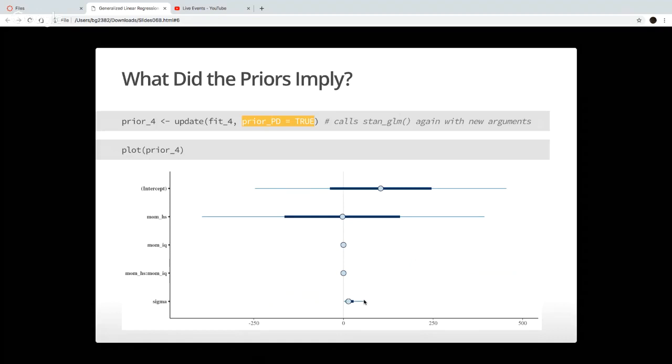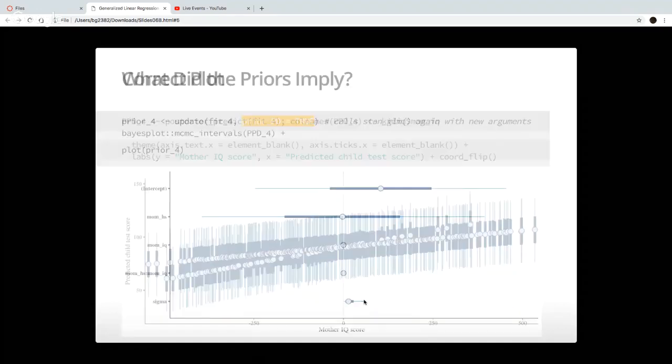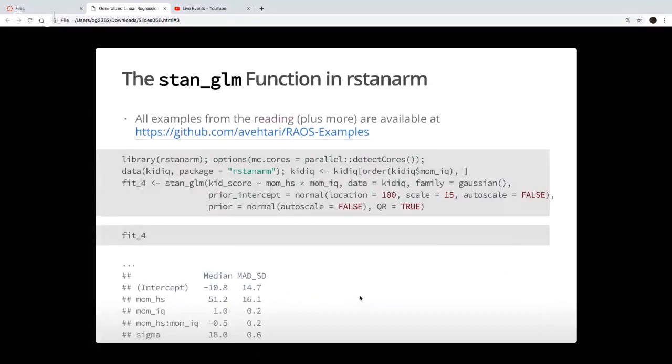Yes. How is the prior on mom IQ determined? It's complicated. You're saying, okay, normal with 0 and some standard deviation, but the QR thing makes it not obvious at all because it's actually doing a transformation to your predictors.